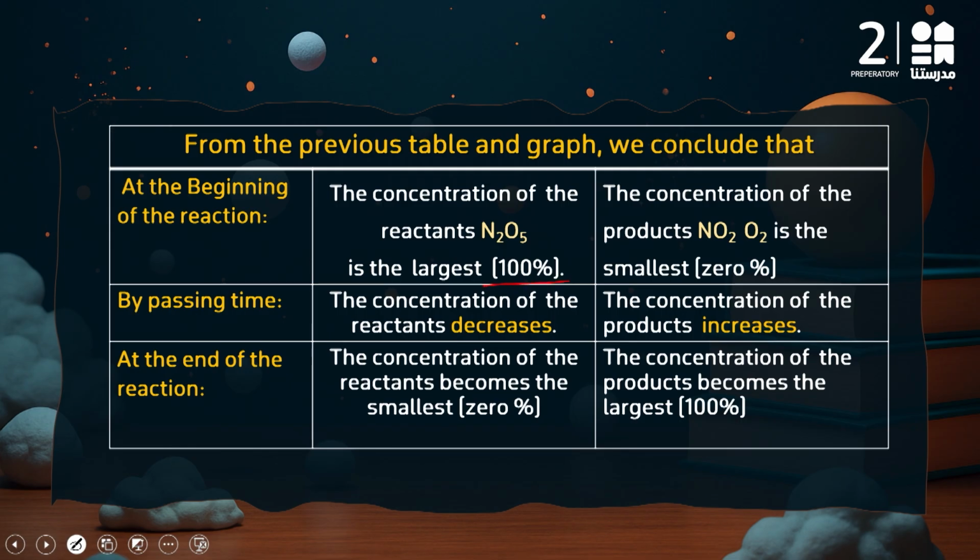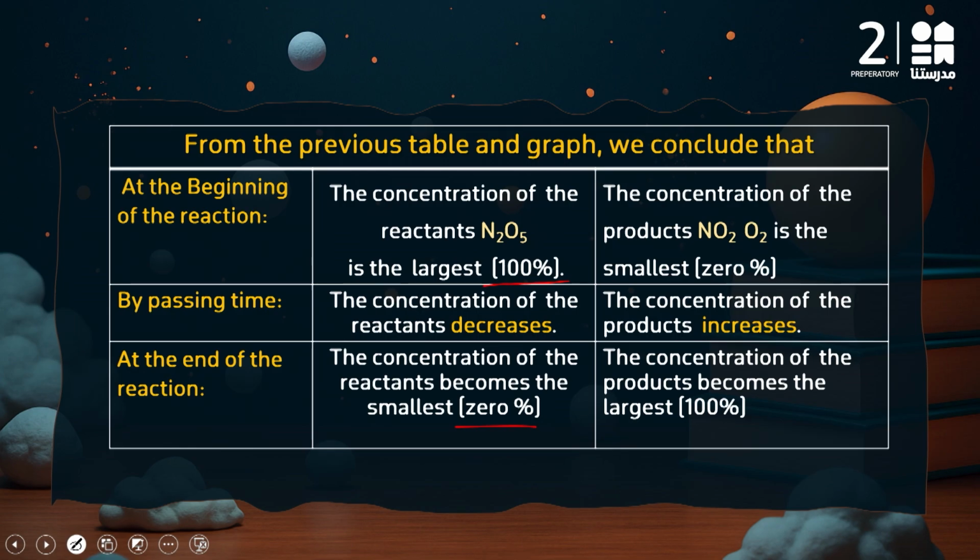By passing the time the concentration of the reactant decreases, and at the end of the reaction it was 0. The inverse, the concentration of the products, nitrogen dioxide and oxygen, is the smallest, almost equal 0. The concentration increases by passing the time, and at the end of the reaction the concentration of the products is almost 100%.